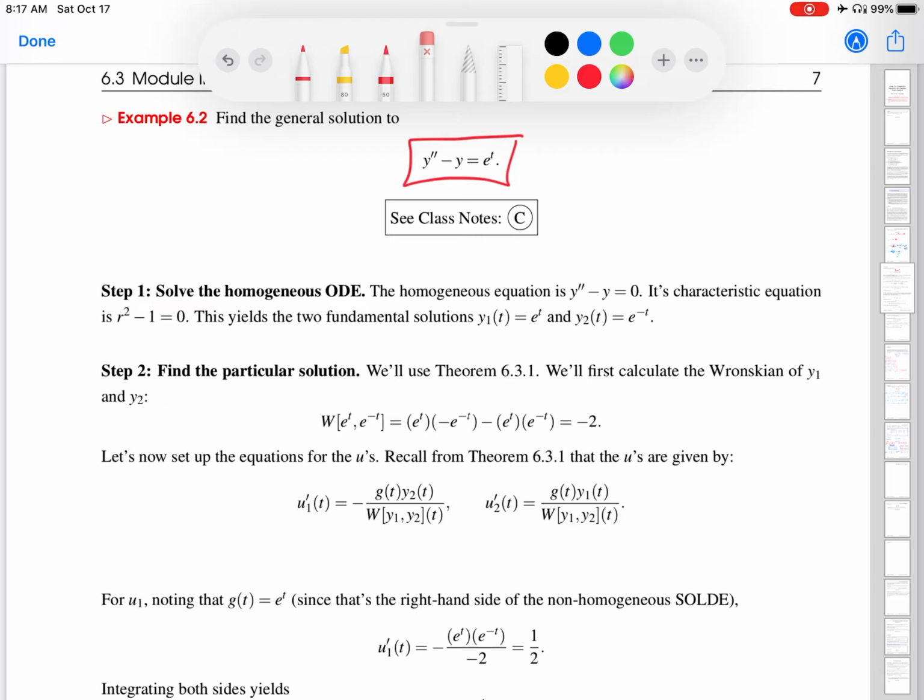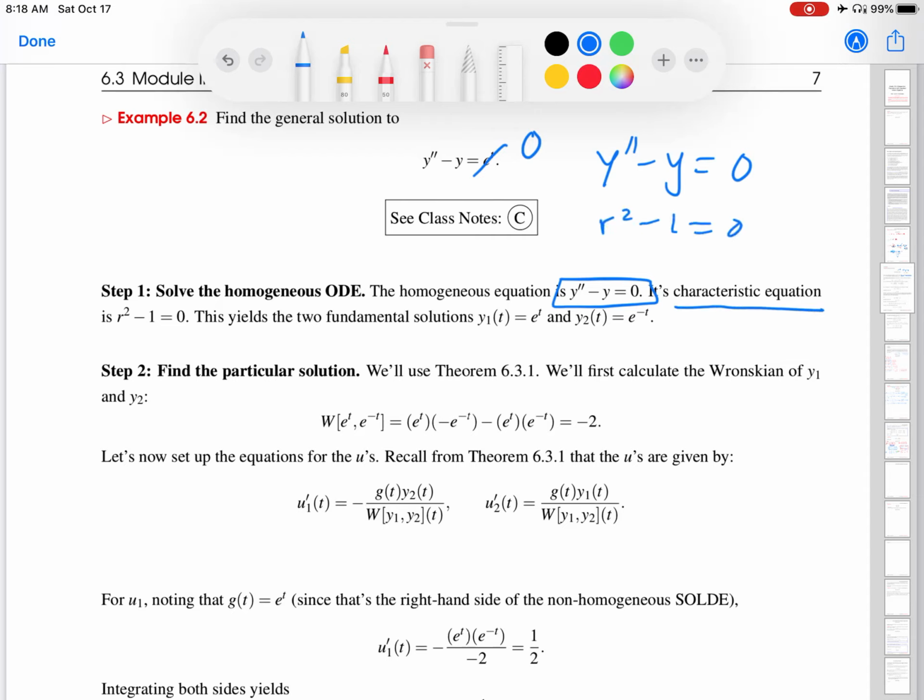For the homogeneous ODE, what would it look like? Well, we replace this with 0. So we're looking at y double prime minus y equals 0. There we go. This is a constant coefficient, second order linear ODE. Its characteristic equation is r squared minus 1 equals 0, which factors into r minus 1 times r plus 1.